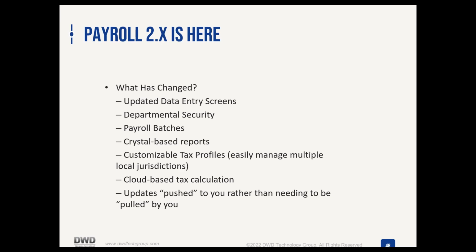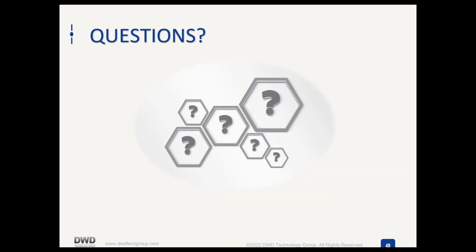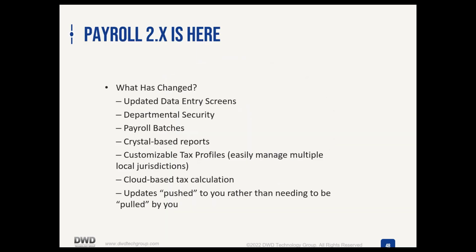So when we used to have to try to handle multiple local jurisdictions, I know my friends in Ohio have, you know, 60 million different local jurisdictions for which they might have to withhold tax. It's so much easier now to manage all of that. And then, of course, all the updates get pushed to you rather than you needing to download that.